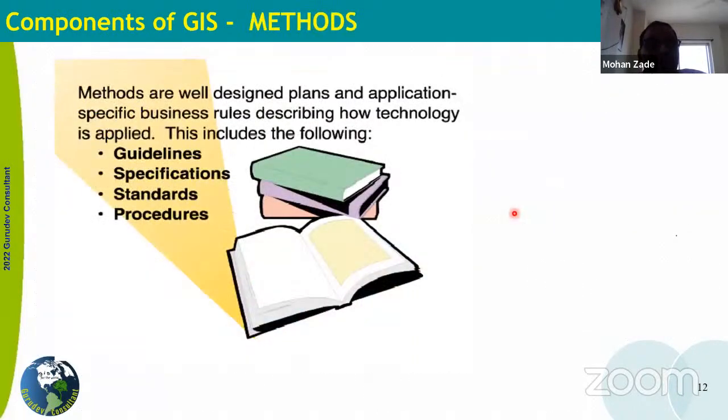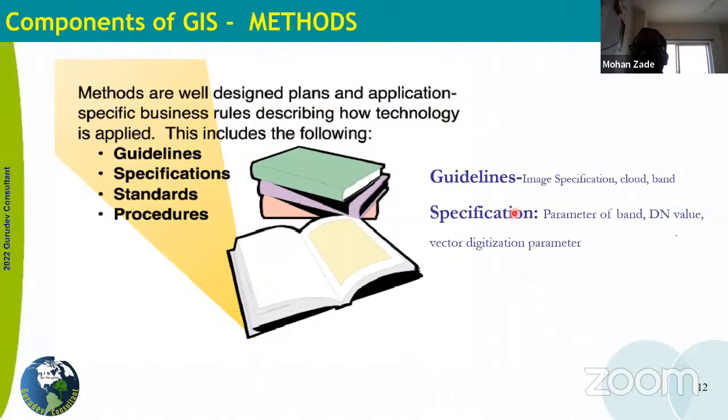The third is method. Once you have the software and data, then you must have a method, that is how it is going to capture, how it is going to store, how it is going to retrieve. So all those things are required here. The guidelines, some image specification, band specification, parameters like DN value, vector digitization parameters.